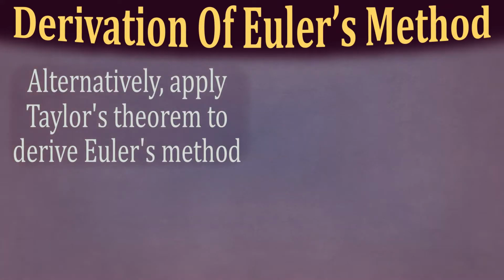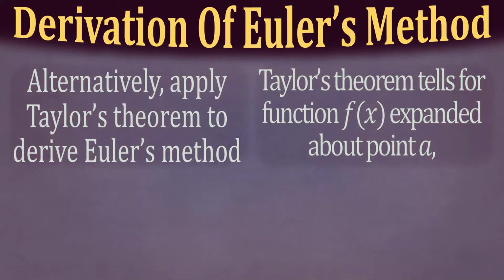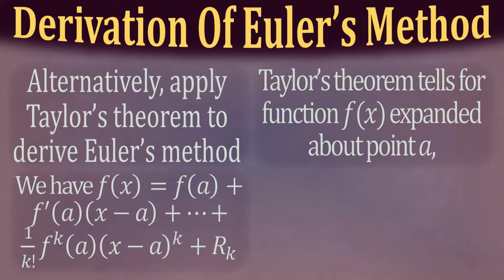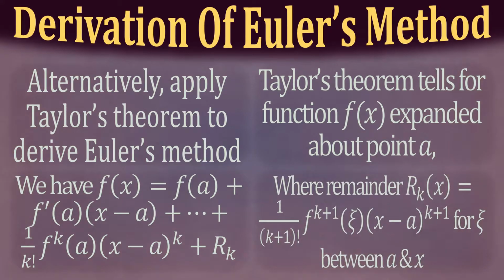Alternatively, we can apply Taylor's theorem to derive Euler's method. Recall that Taylor's theorem tells us that for a function f(x) expanded about a point a, we have that f(x) is equal to f(a) plus f'(a) times (x minus a) plus all the way up to 1 over k factorial times the kth derivative of f evaluated at a times (x minus a) to the k plus Rk, where the remainder Rk(x) is equal to 1 over (k+1) factorial times the (k+1)th derivative of f evaluated at psi times (x minus a) to the k+1 for some psi between a and x.